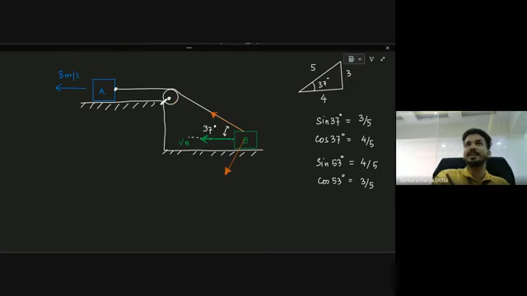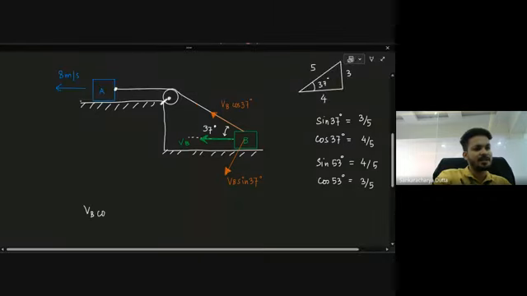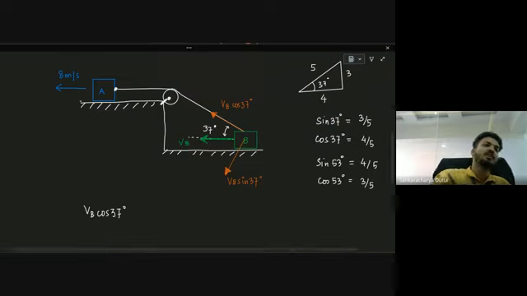Well, it will be towards theta, so cos theta. So that will be VB cos 37, and this will be VB sin 37. So from here you will say, okay sir, VB cos 37 is essentially the velocity of block B along the string, and this should be equal to 8 meters per second.